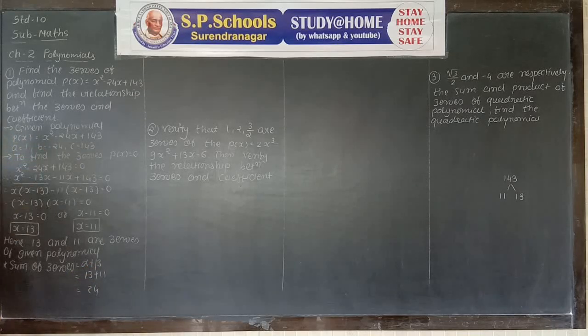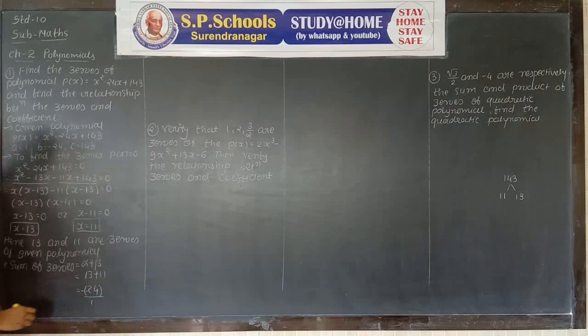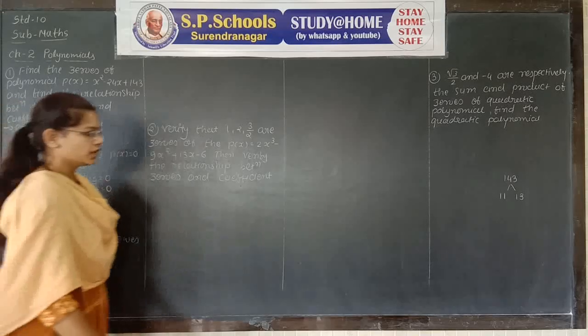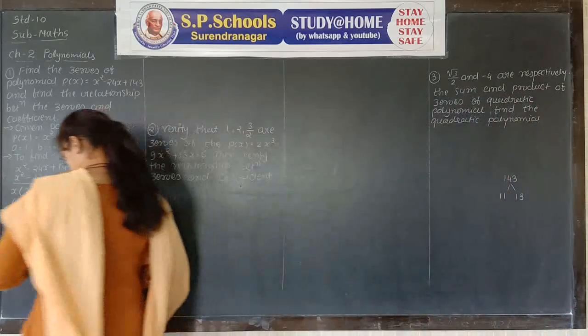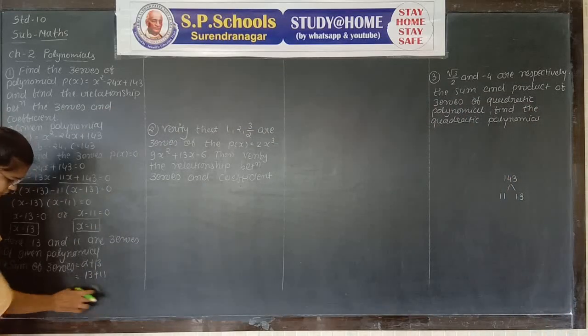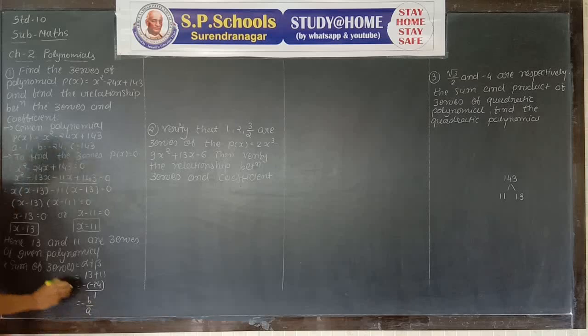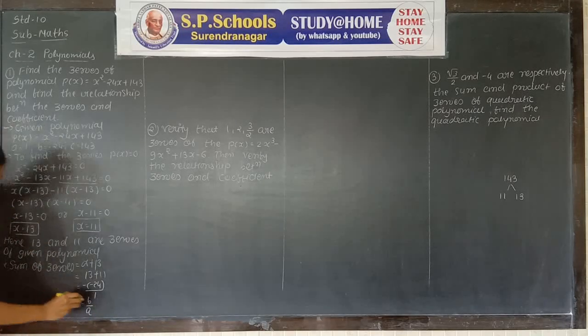Here b is minus 24, that's why we write minus of minus 24 upon 1, where minus b is in the numerator and 1 is equal to a.